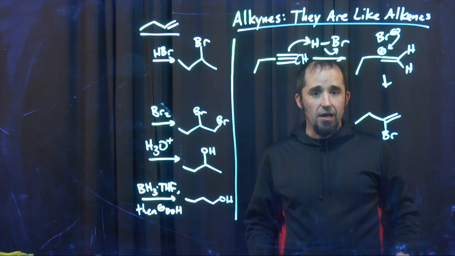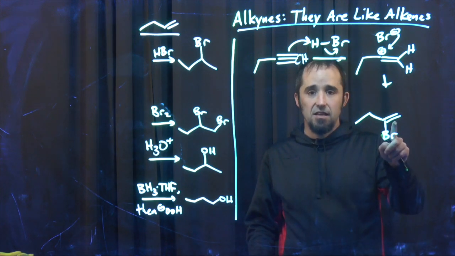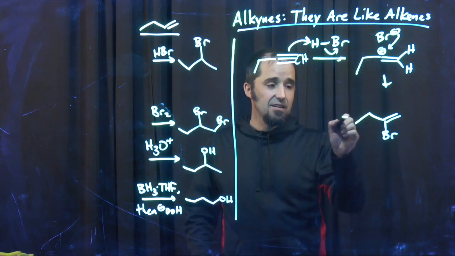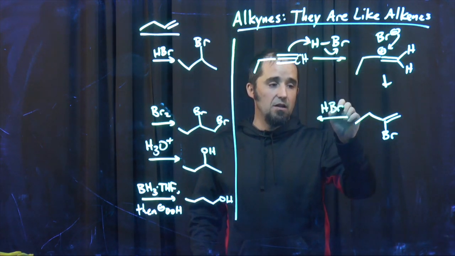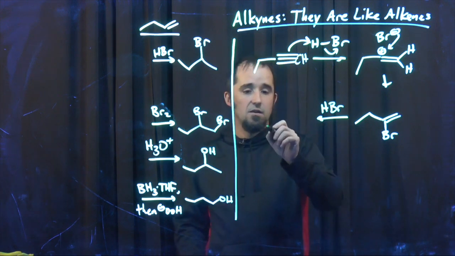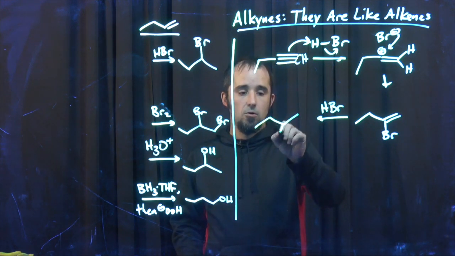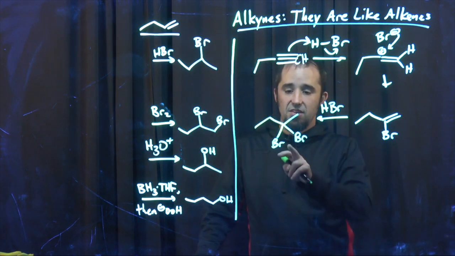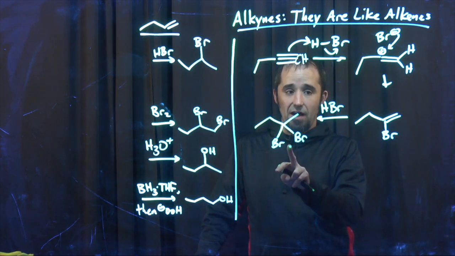That's great, but I still have an alkene here. So sometimes I can react it with another molecule of HBr in a very similar way to get this geminal dibromide.